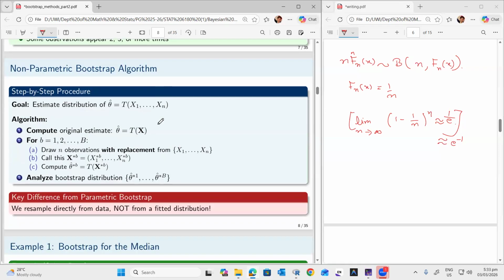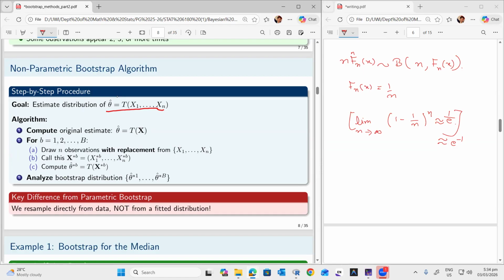So in the non-parametric bootstrap algorithm, how are we going to generate the bootstrap sample? Our goal is to estimate theta cap, which equals T(x1, x2, ..., xn). Here T(x1, x2, ..., xn) is our estimator of theta.